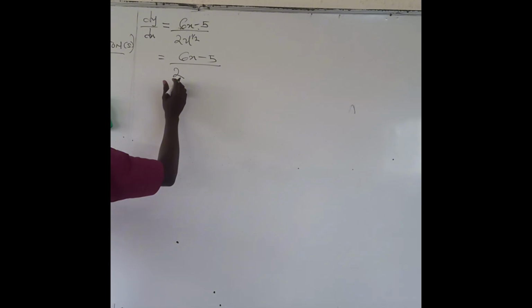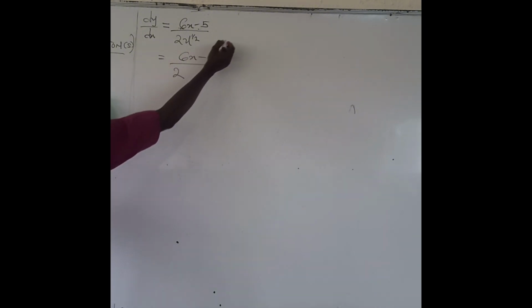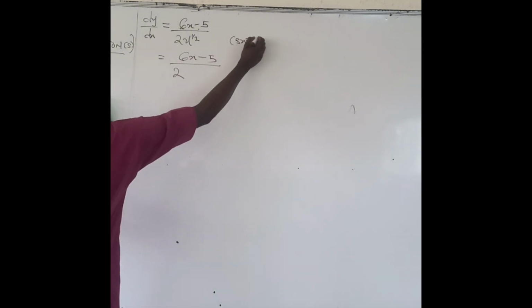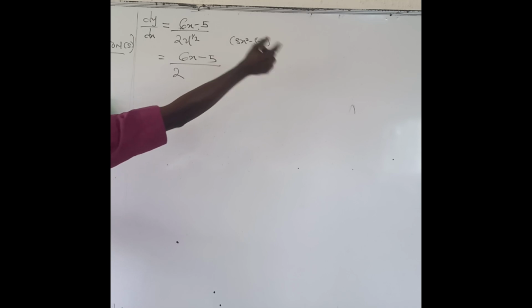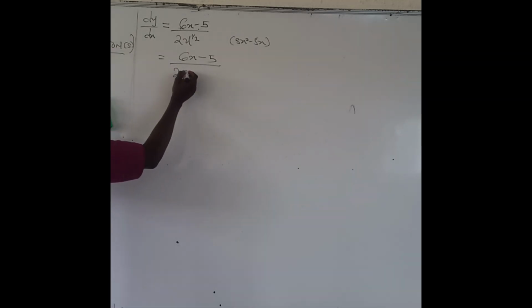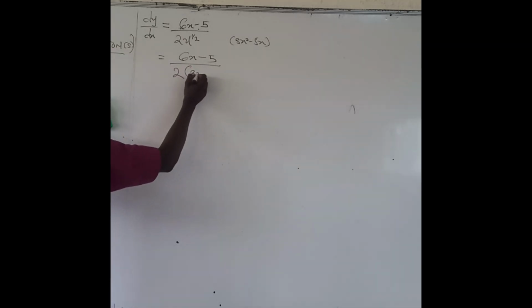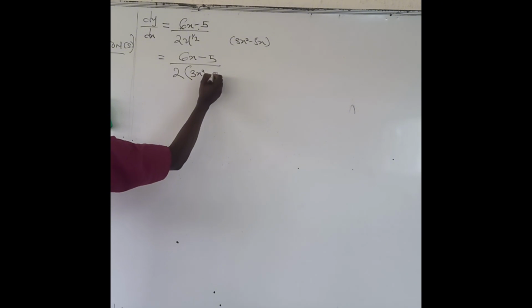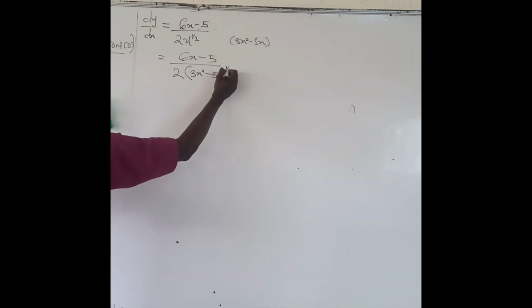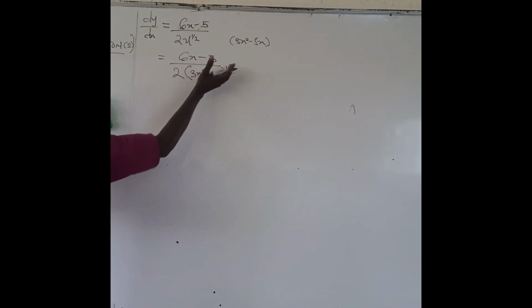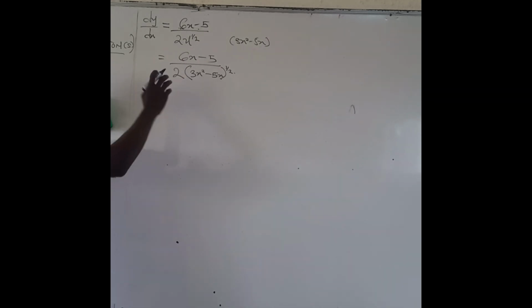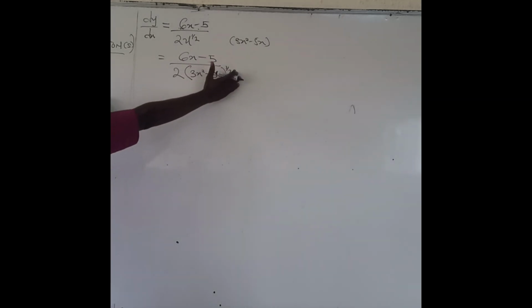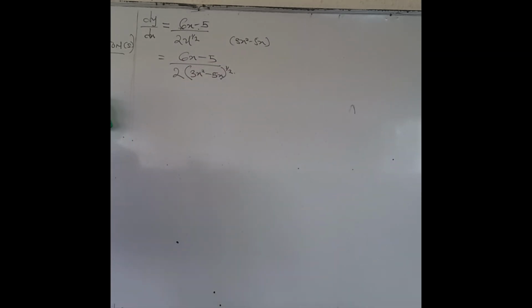So what is your u? My u is equal to 3s squared minus 5s. I hope you can recall. So that is going to be 6s minus 5 over 2 times (3s squared minus 5s) raised to the power 1 over 2. So this is your final answer. Sometimes you may not leave the answer like this, and when you get to the example, you might get confused.